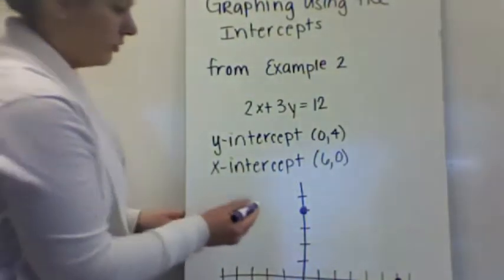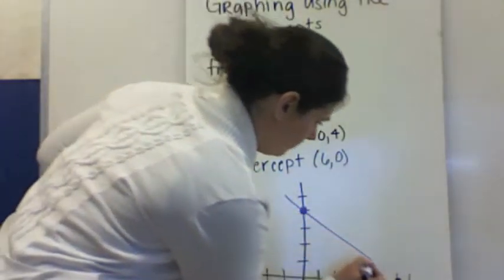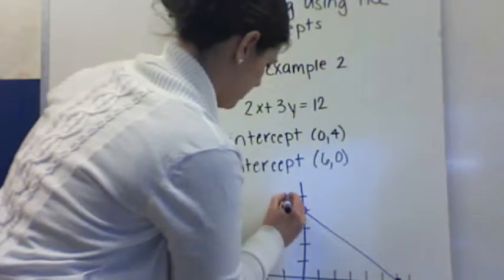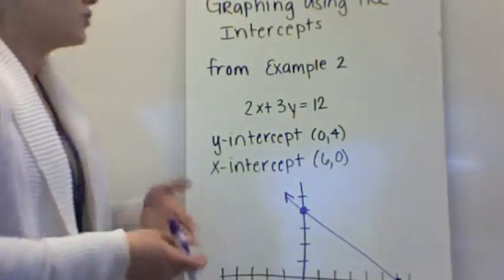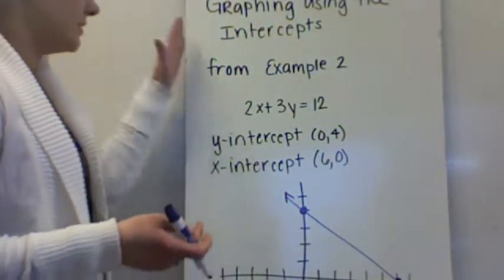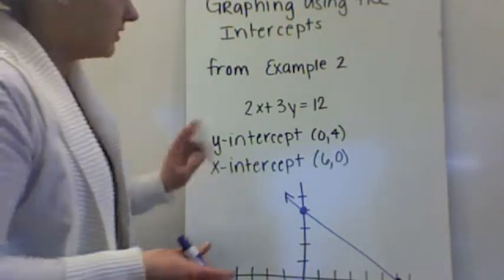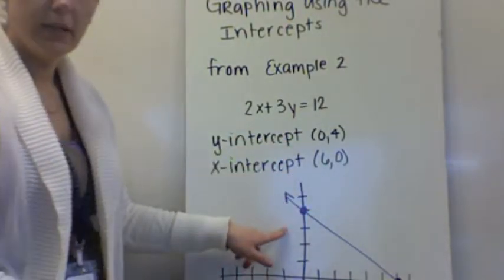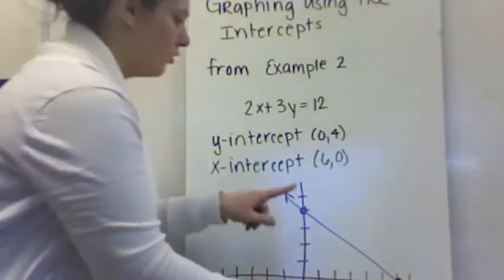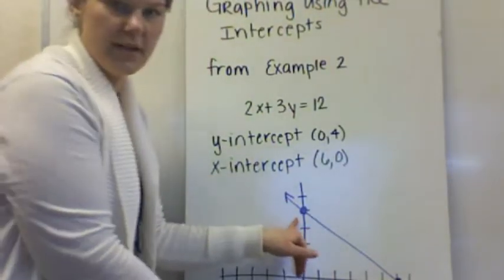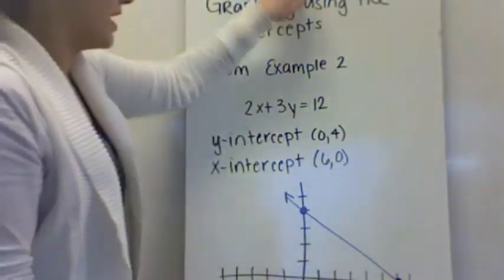Then you're going to use your ruler. I know I don't have mine right now, but use your ruler to connect and extend. So when you're doing the graph, it's the work for the intercepts, and then you're almost done. Plot those 2 points, connect them on your line. They should always cross on the y-axis for the y-intercept, the x-axis for the x-intercept.